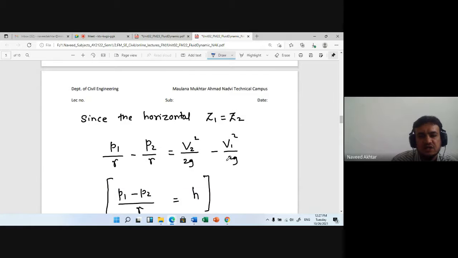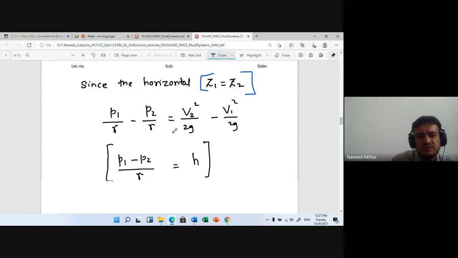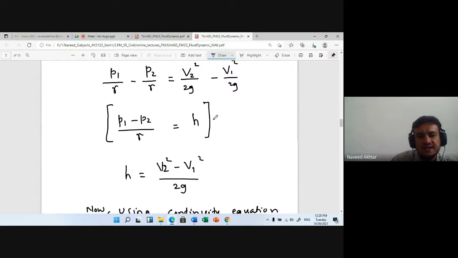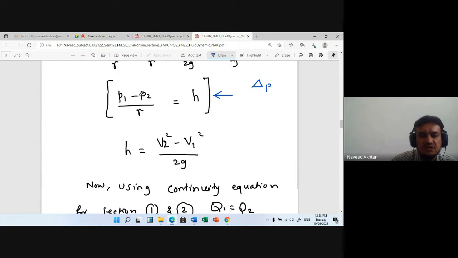Since it is horizontal, Z1 is equal to Z2. The head is nothing but P1 minus P2 upon gamma, the difference in pressure delta P upon gamma, which is H. So H is equal to V2 square minus V1 square upon 2G.